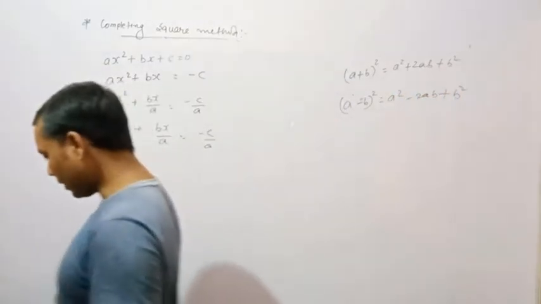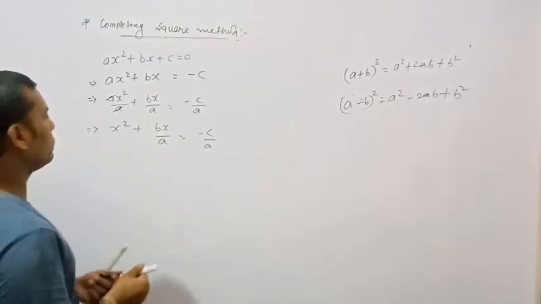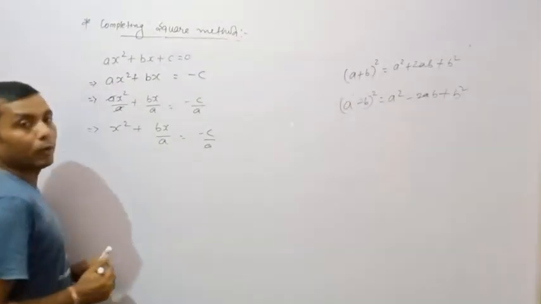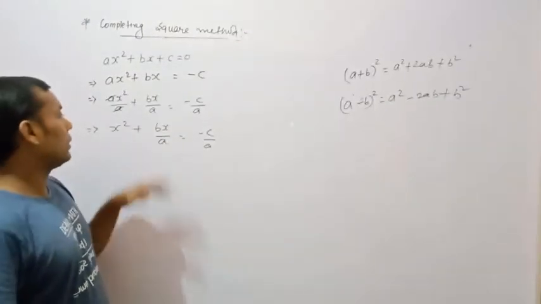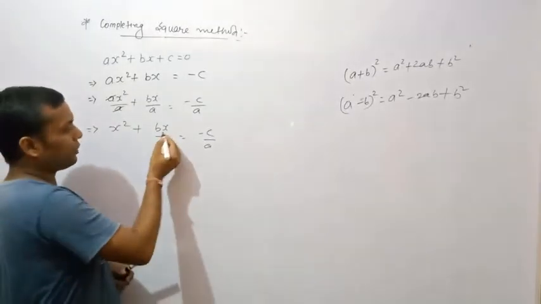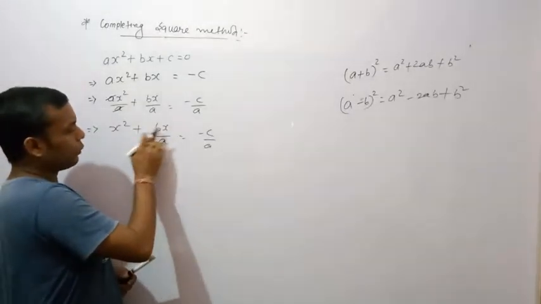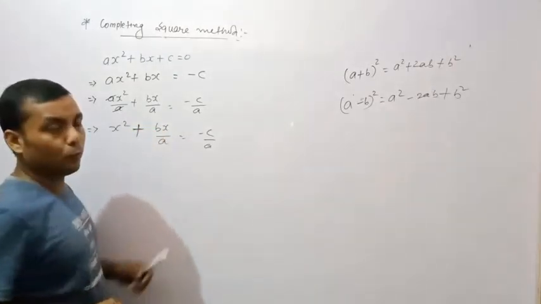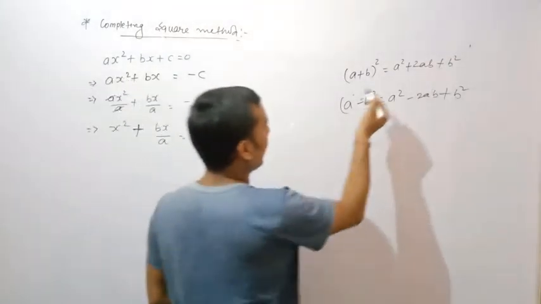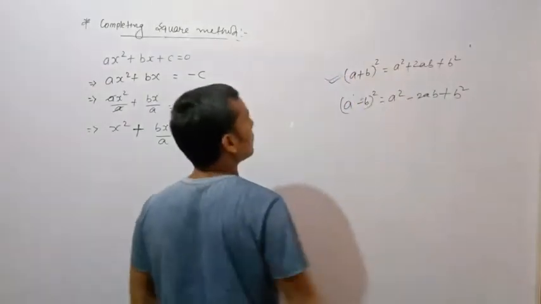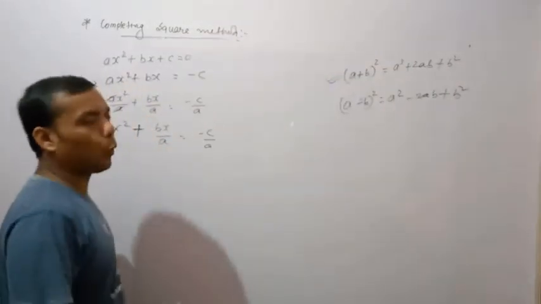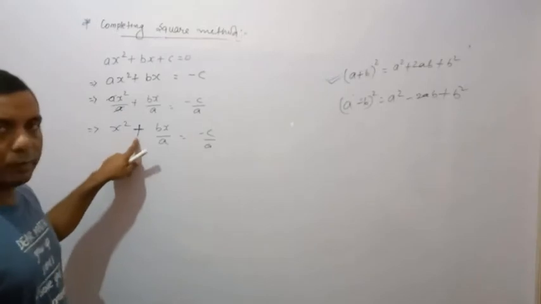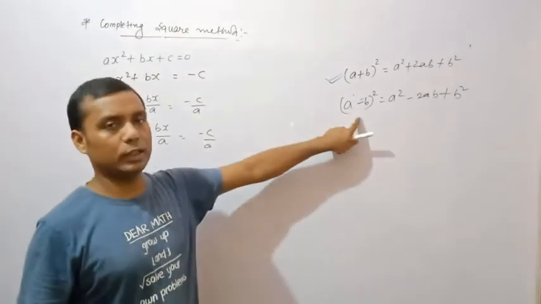Now observe the second term, the coefficient of x. The sign is positive here. When it's positive, you use the formula a plus b to the whole square, and when it is negative, you use the other formula.